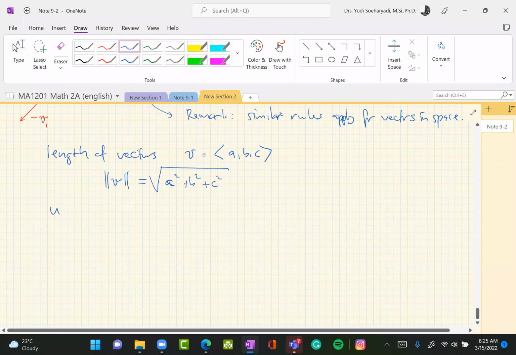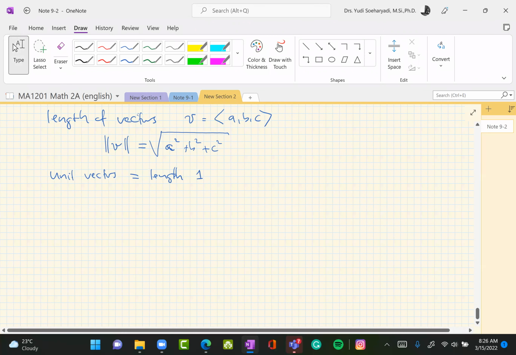The unit vectors mean length 1. And vectors can be normalized. What does normalized mean? Normalized means that the length is made 1.